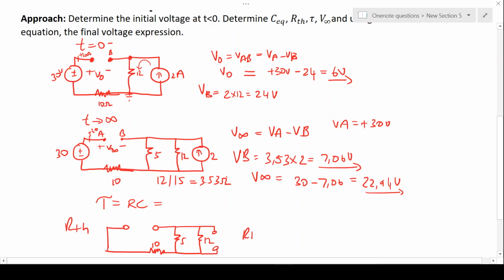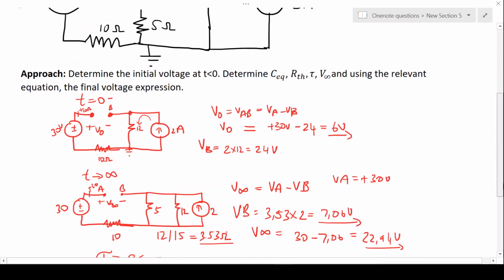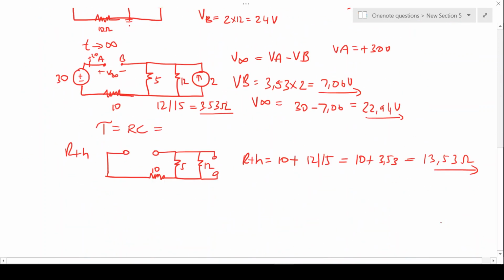And we should be able to see that RTH is going to give you 10 plus the parallel combination of 12 and 5, which is going to give you 10 plus 3,53, as we calculated this parallel combination there, which then gives us 13,53 ohms. And the capacitor value is given as 5 farads.